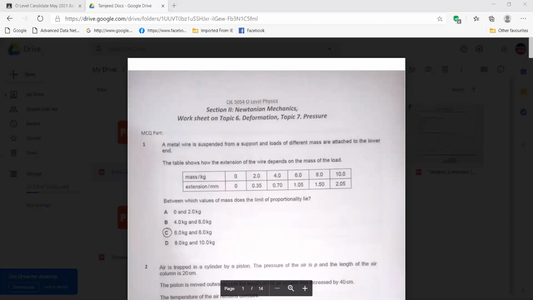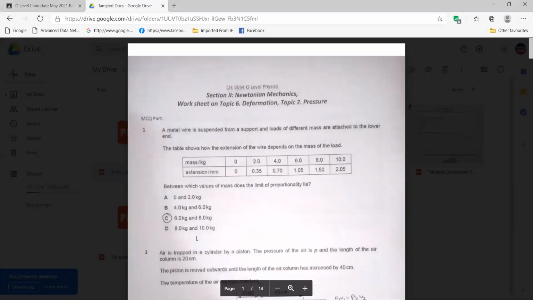Question number 1A, shape and size. Change in size, change in shape, right? One is shape, two is size, and then limit of proportionality. I drew it, wait, let me check.